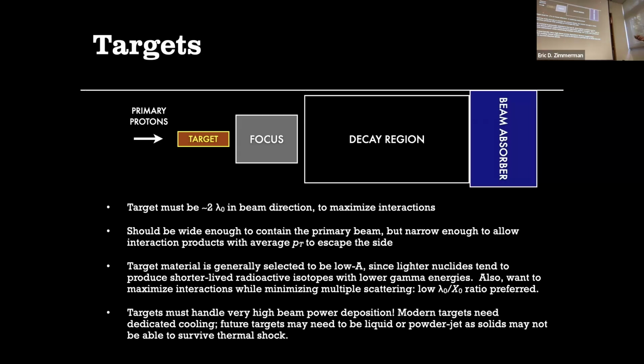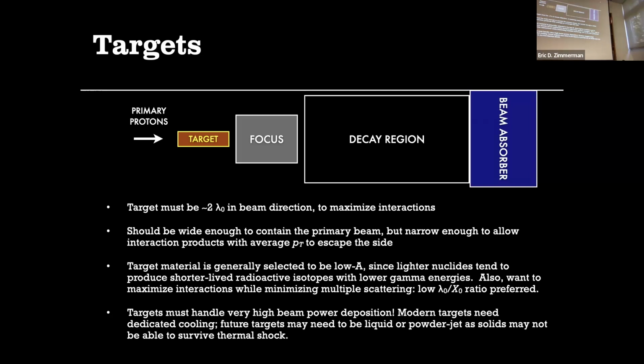So the target has to be about 2 interaction lengths in the beam direction. And this is, of course, to maximize interactions. It should be wide enough to contain the primary beam, but it's got to be narrow enough to allow interaction products of a typical transverse momentum to escape the side. The target material, generally you want to be low atomic number because lighter nuclides tend to produce shorter lived radioactive isotopes, which means that when your target is done, you can store it without enormous amounts of shielding around it.